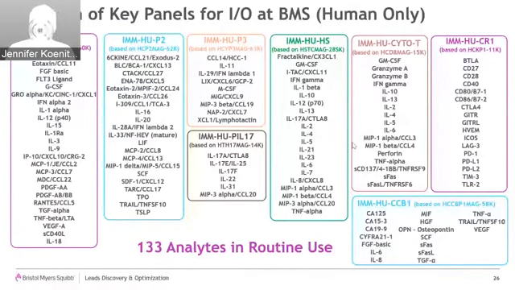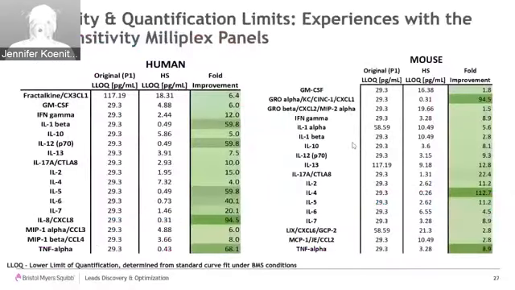So my first example of our experience with the Milliplex panels goes back to the sensitivity and quantification in the high sensitivity Milliplex panels. Sensitivity, in particular the lower limit of quantification, is a critical aspect for a lot of the cytokine biomarkers, as a large fraction of those biomarkers are only found in very, very low concentrations, particularly when using unstimulated samples or healthy controls.